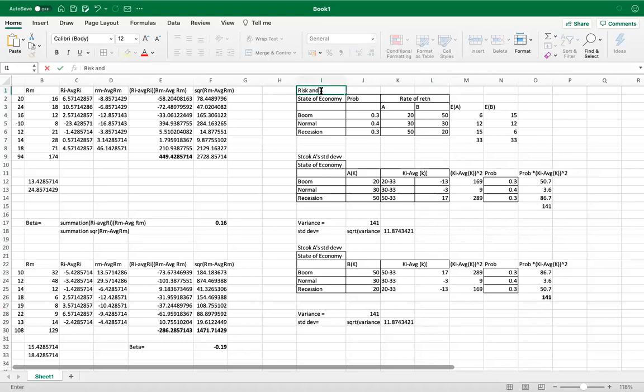Expected return from the stock was when you discounted it for the probability. When you calculated the standard deviation, that was risk. We saw two measures of risk, namely the range and standard deviation. And the widely used measure of risk is standard deviation.